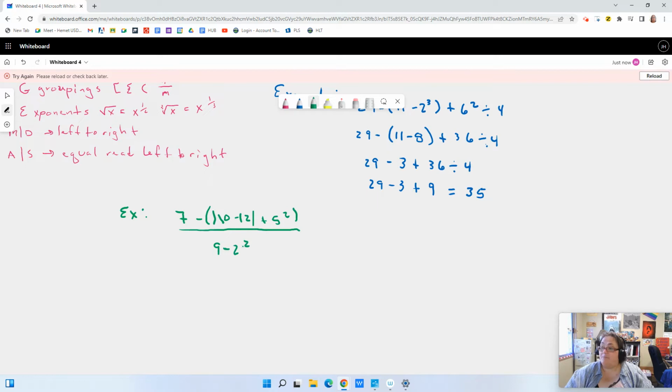The reason I like this problem is because it's got the fractional thing. So we can look at, there's 2 sets of groupings, right? There's the one on top of the fraction, and then there's the one on the bottom of the fraction. And the one on top of the fraction has another grouping in it. And we're going to deal with those groupings first. We're going to reduce them as much as we can before we move on.